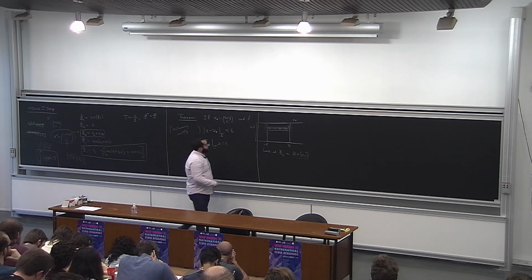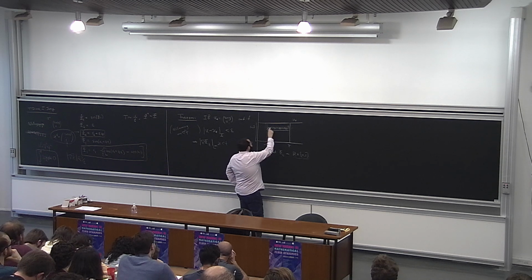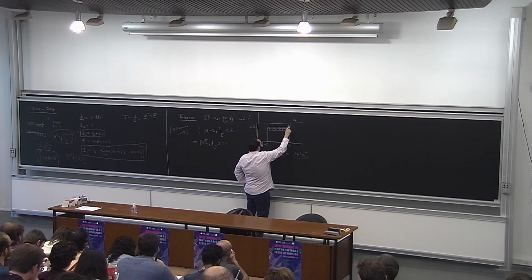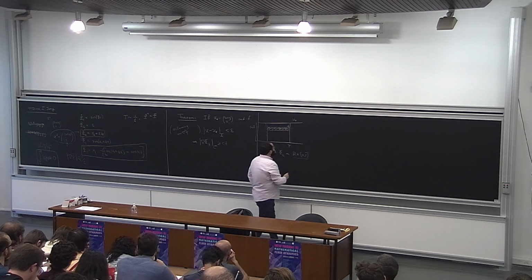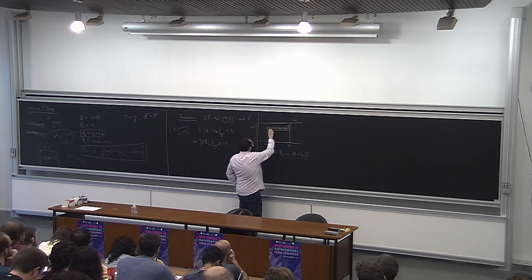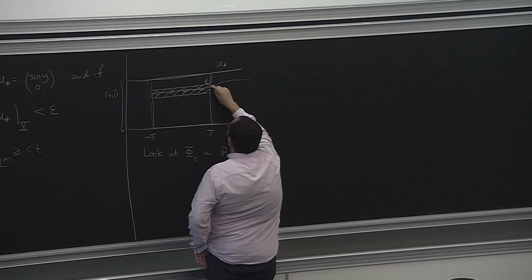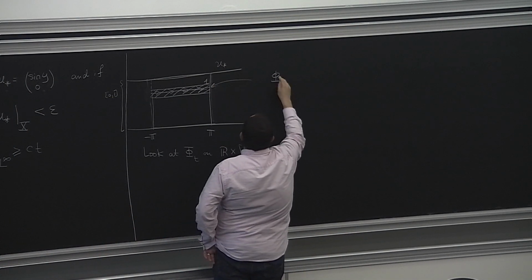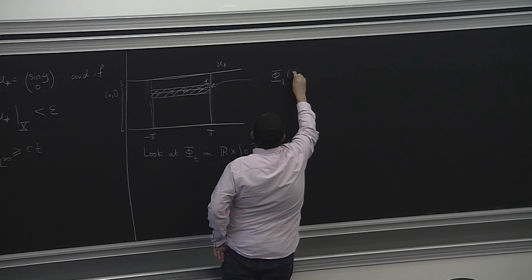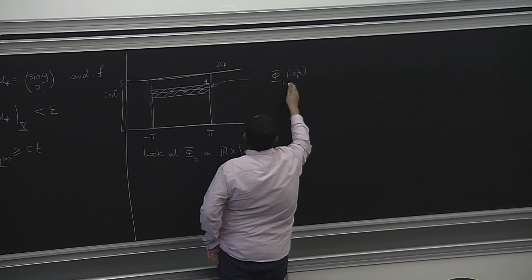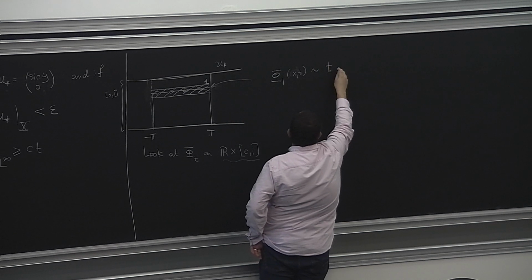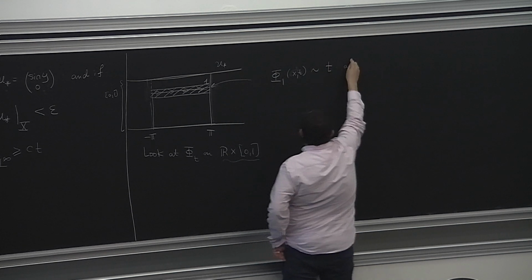Okay, then for U star, if I look at the motion of these particles, if they're moving approximately at speed 1, then these particles should be approximately t after time t.